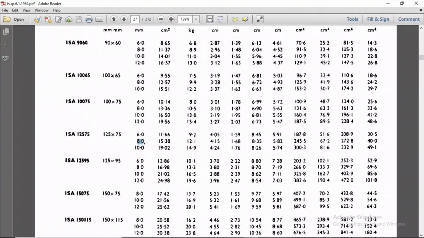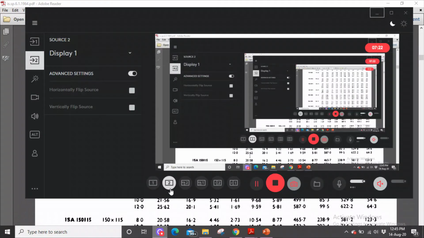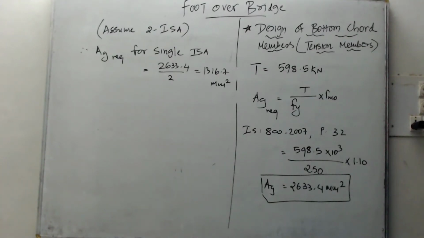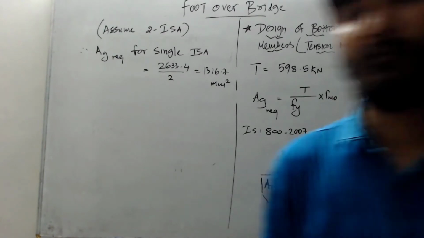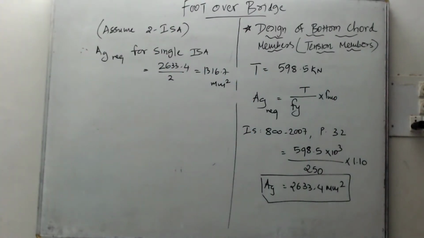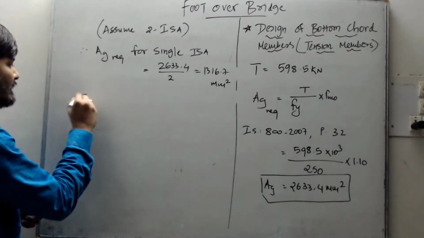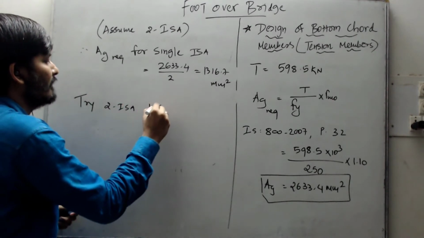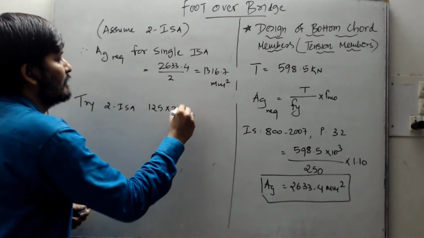So for that I am going to do the design of a tension member. So let us try 125 by 75 by 8 on both the sides of gusset plate, with longer leg horizontal. So let's write down. Try 2 ISA 125 by 75 by 8 mm.